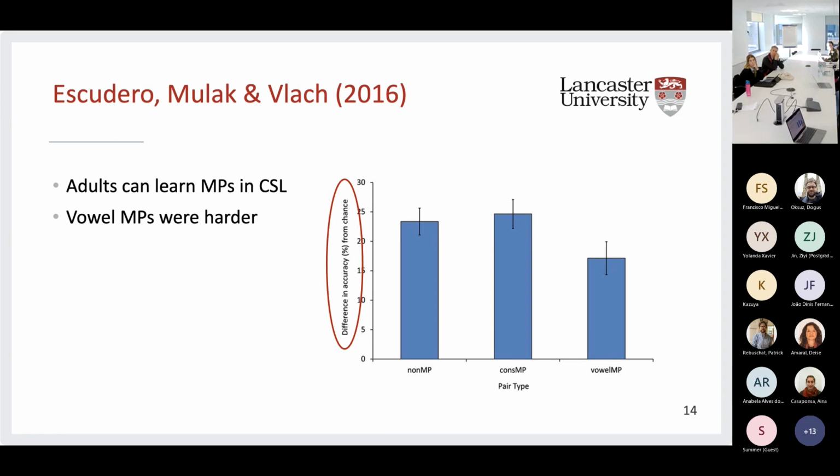And they also found that for the vowel minimal pairs, it was a bit harder than the non-minimal pairs and the consonant minimal pairs. So this provides evidence for the effect of phonological similarity in cross-situational learning. And I have to emphasize that in this study, they recruited English participants to learn the English pseudo words.